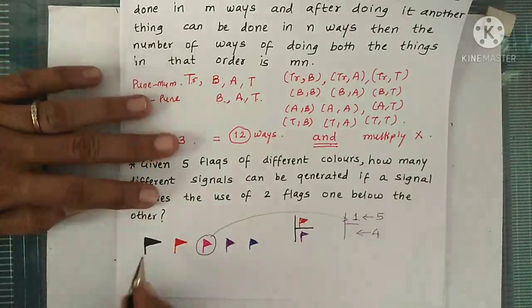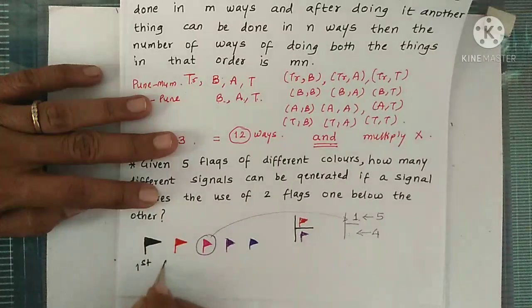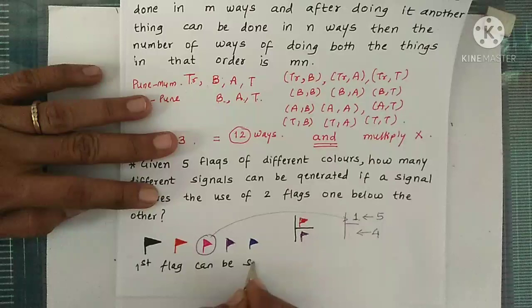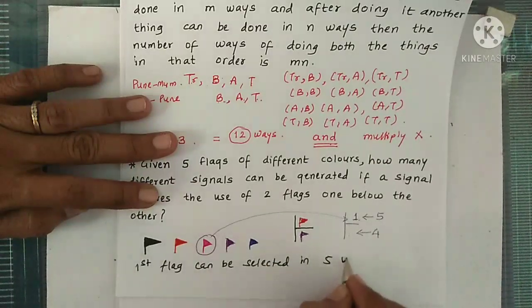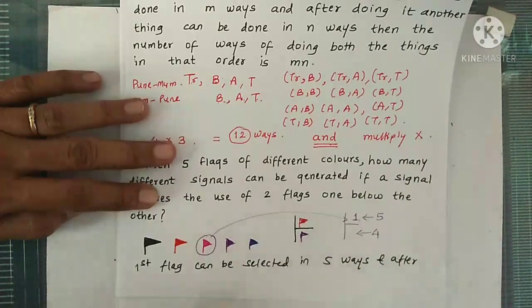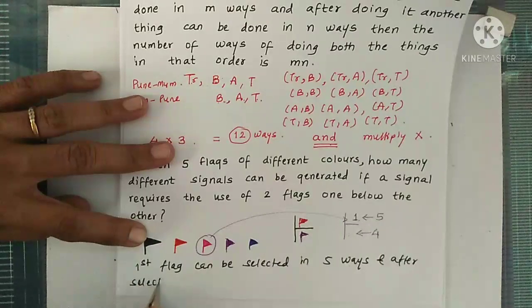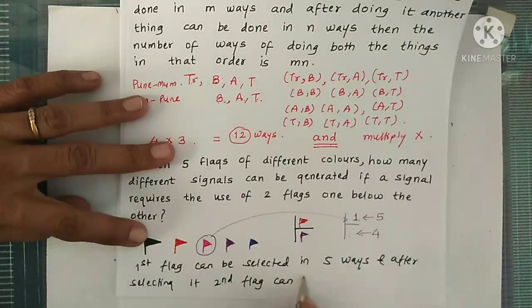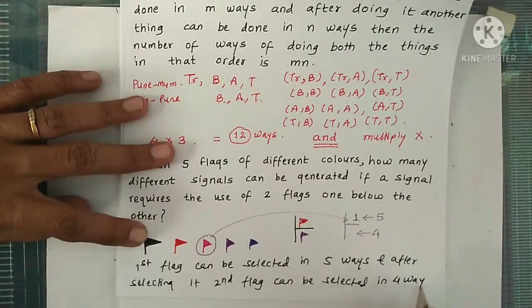So the first flag can be selected in 5 ways. After selecting it, the second flag can be selected in 4 ways. But we have to select both.